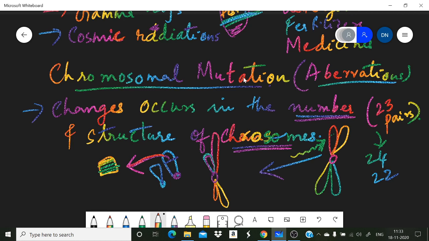Okay, so that is the structural change which occurs in a chromosome. So see here the shape of this normal chromatid and the mutated chromatid. So this much segment of DNA is getting deleted from that. It is getting altered. That is a change which occurs in the chromosome.